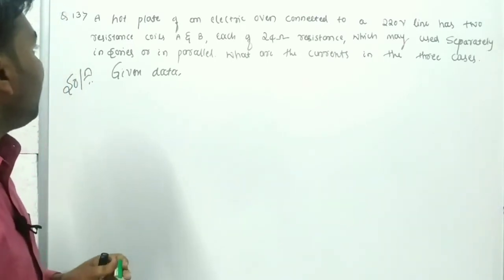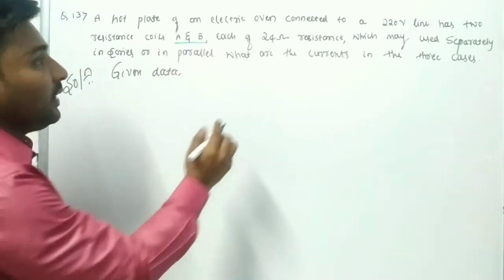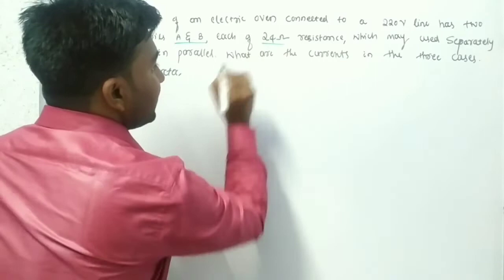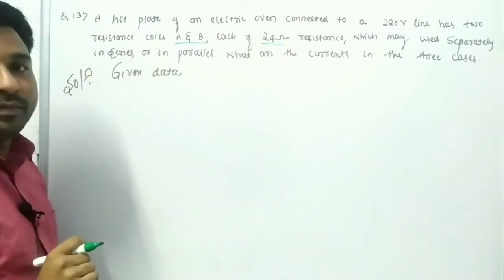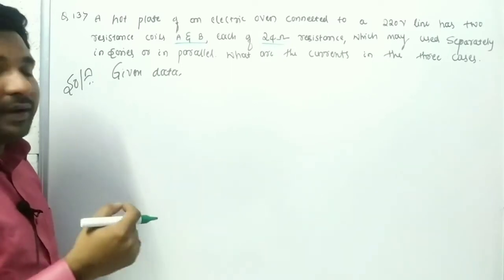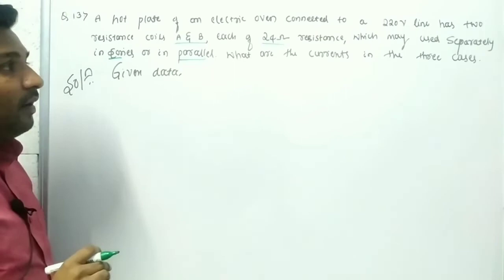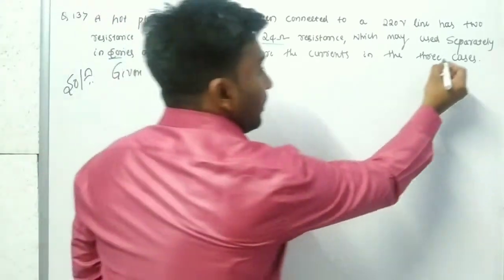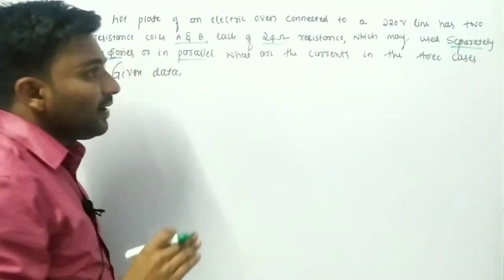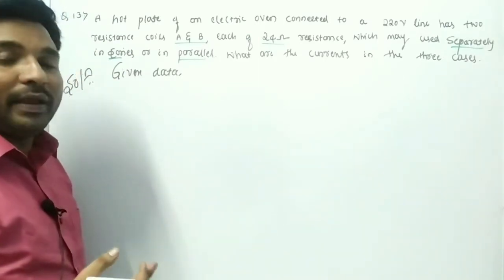Here we have two coils A and B, each with a resistance of 24 ohm. These are connected in series or in parallel, or used separately. We have to calculate the current flowing in each case.